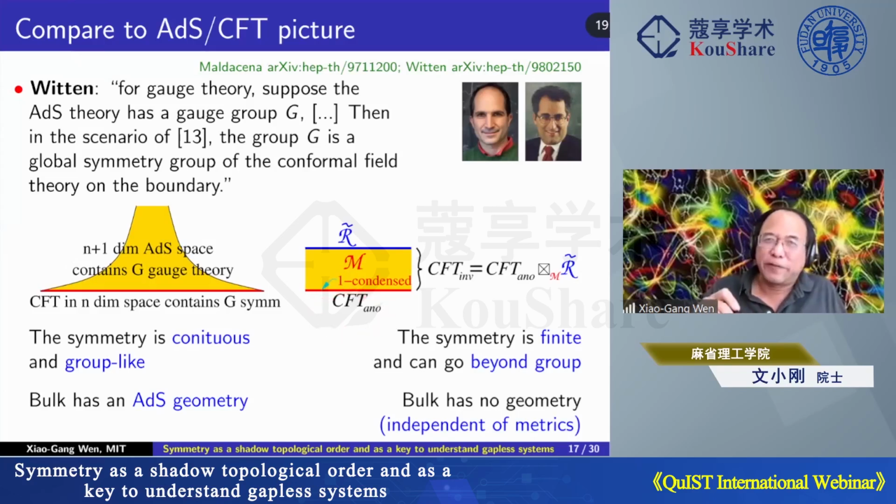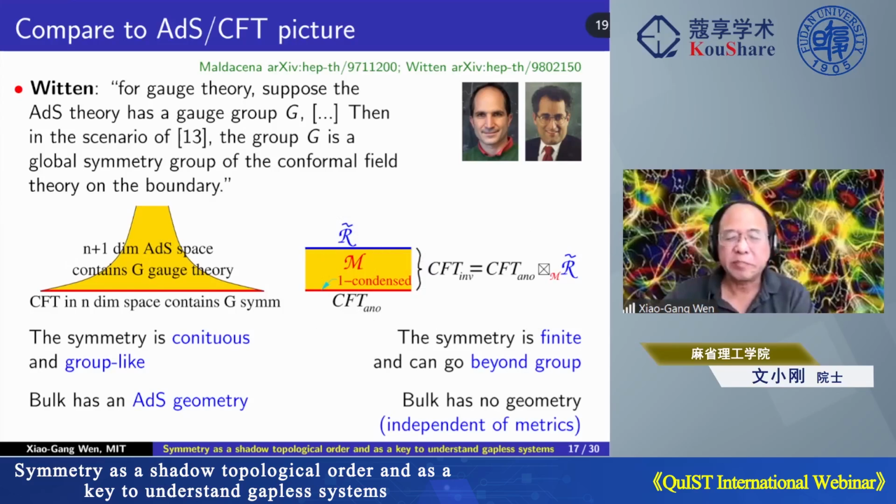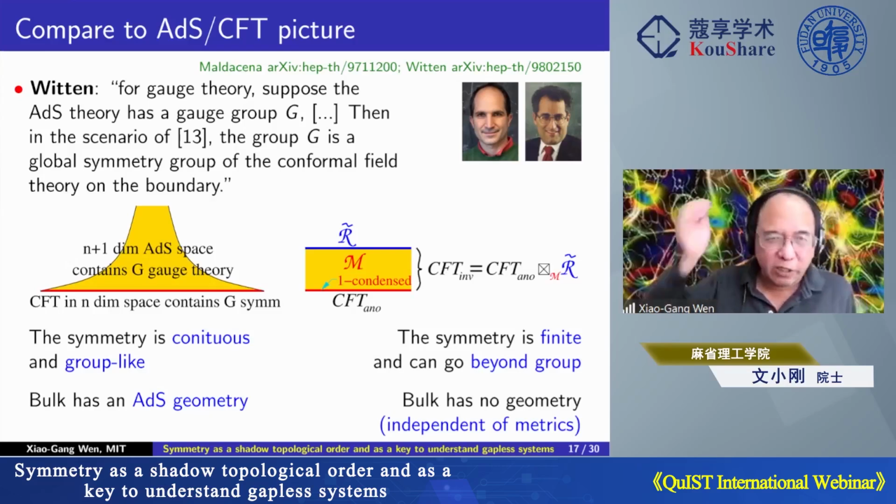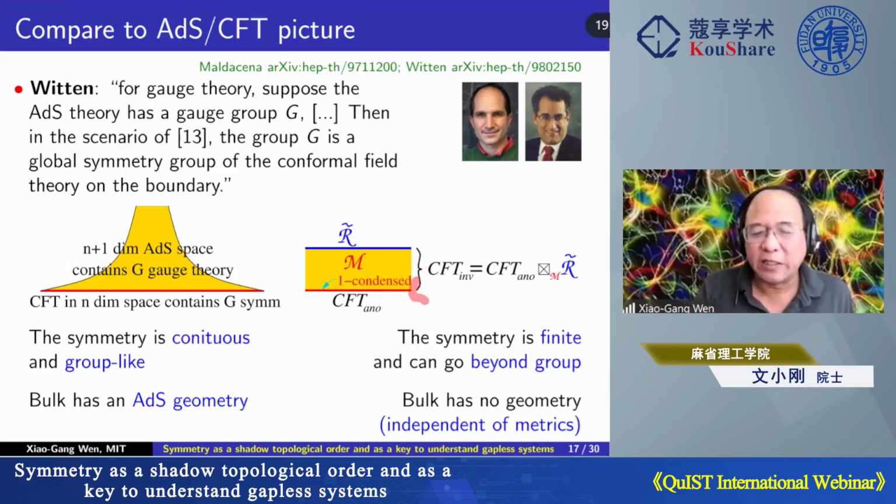But philosophically there is some similarity: we can use bulk data to determine the boundary CFT. This uses the generalized picture for symmetry to see how it has an impact on the boundary CFT, on the gapless state.